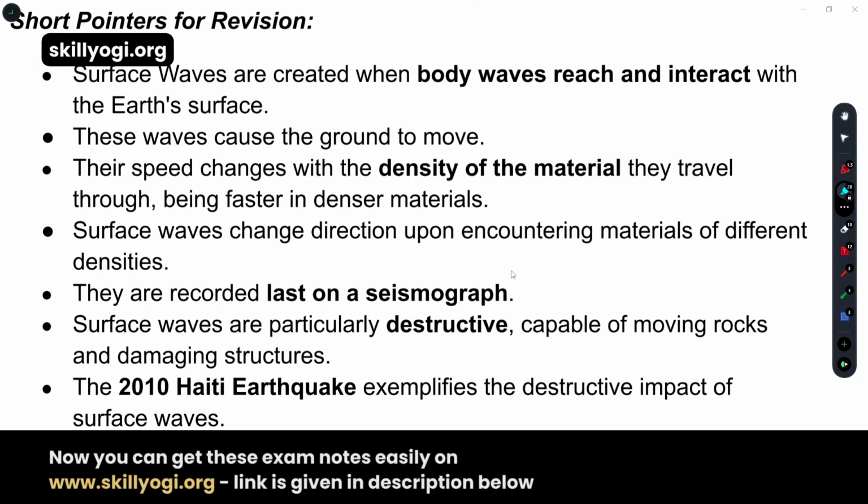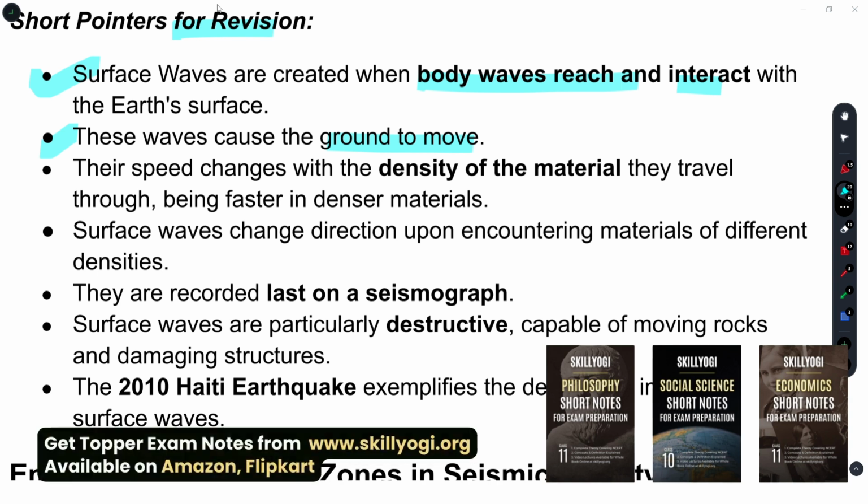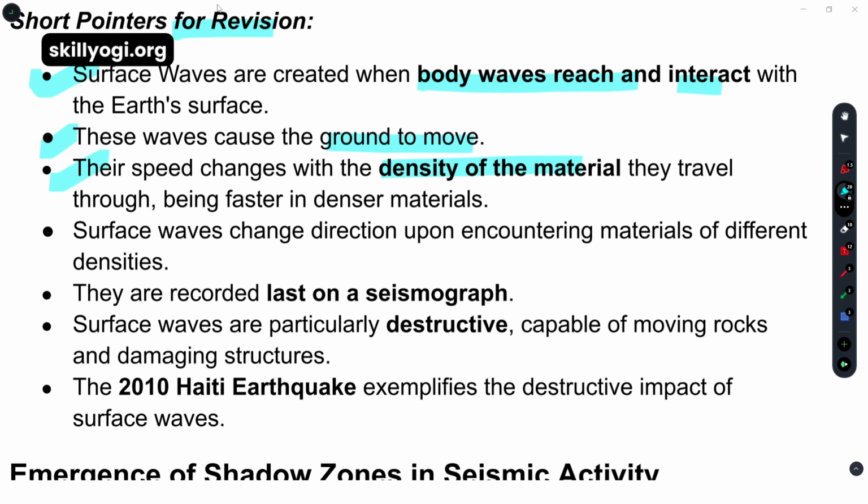Now come to the short pointers for the revision. Surface waves are created when body waves reach and interact with the Earth's surface. These waves cause the ground to move. Body waves cause the interior part of the Earth to move, but surface waves cause the ground to move. Their speed changes with the density of the material, as they travel faster in denser materials.